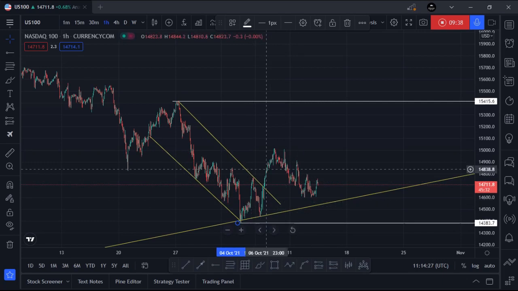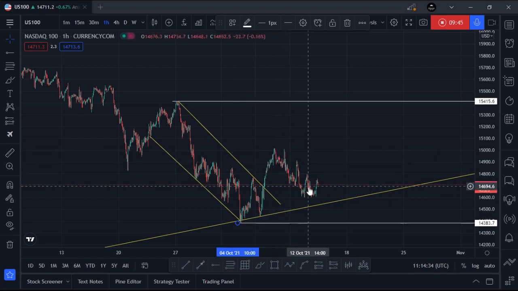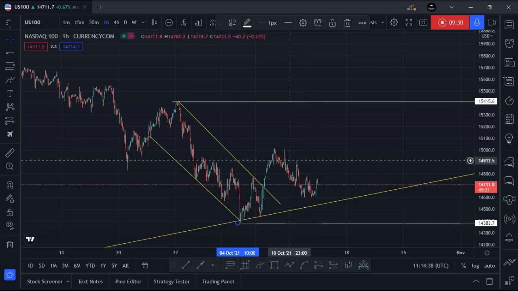So since the market has moved out of this descending channel, and then it moved out impulsively, and then it's giving us a correction. Doesn't matter how long it is, but it is a correction by the way it is moving.